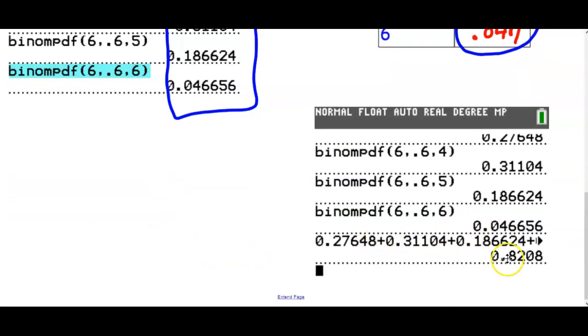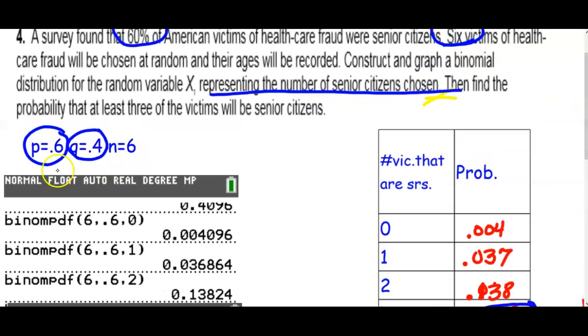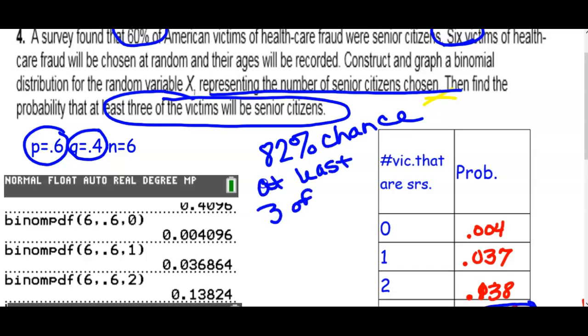And after I added all those up, I got 0.82. So the probability that at least 3 of the victims we talked to, at least 3 out of the 6 that we ask, is an 82% chance that at least 3 of the 6 victims will be senior citizens.